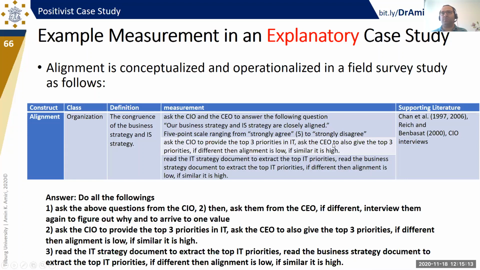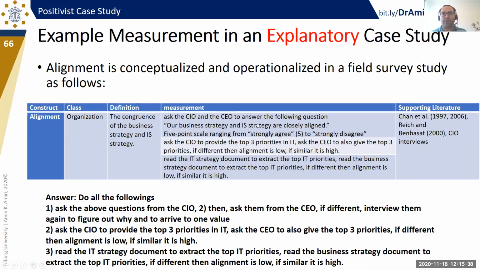Then you check the two lists. If they are exactly the same, alignment is high. If there are no shared items, alignment is very low. If there are some shared items, but the priorities are different, you would say that it's medium.